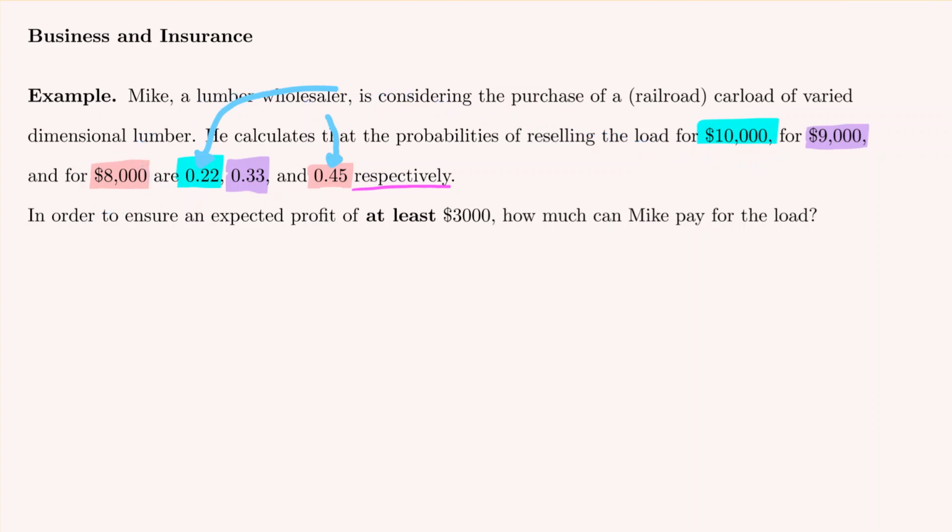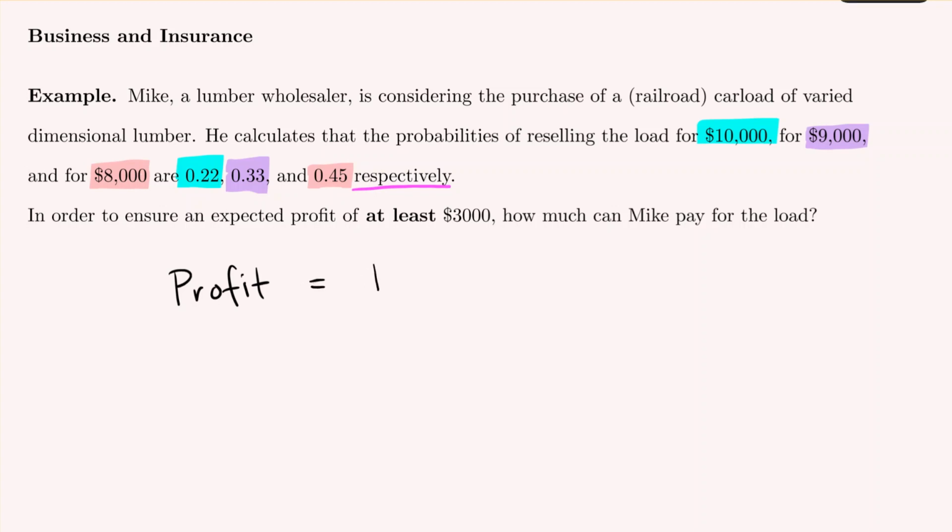And we're asked, in order to ensure a certain profit before he spends this amount of money, how much could he pay for the load in order to make a certain amount in profit? Now, the first thing that we need to do with this problem is remember, what is profit? Profit is not the money that you make from the sale.